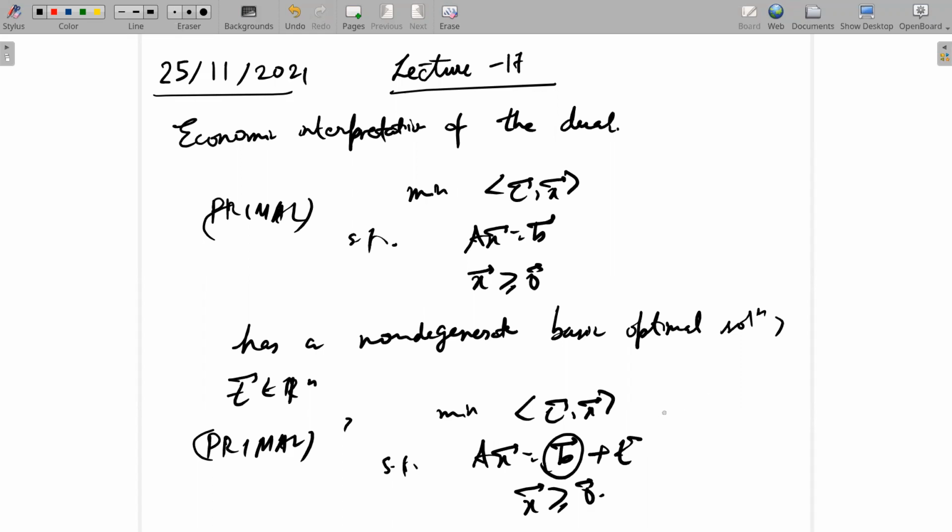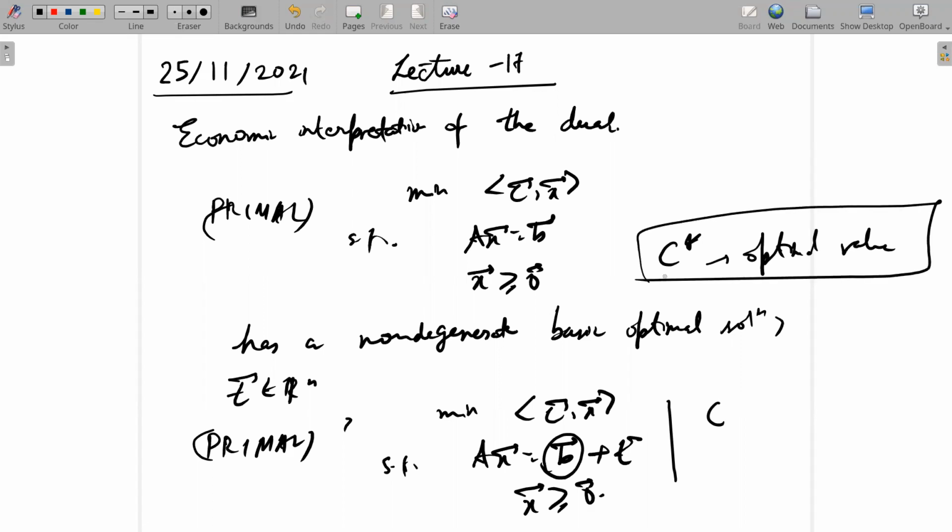And it gives you a precise formulation, like the dual variable. If c star is the optimal value here, the optimal profit you make, the maximum profit (in that case you'd put a minus c here), then for this perturbed problem, the optimal value will be c star plus u star dot t, where u star is the dual optimal solution.